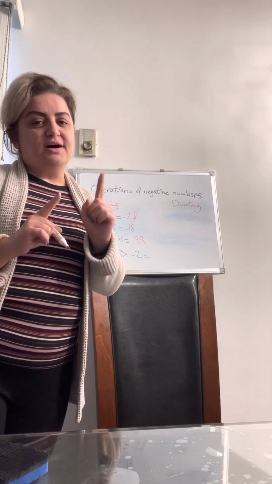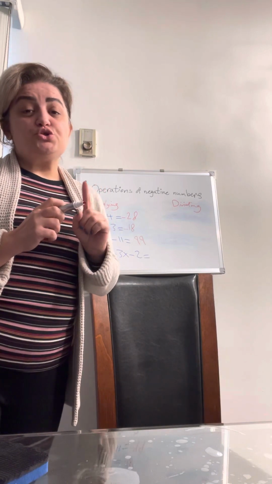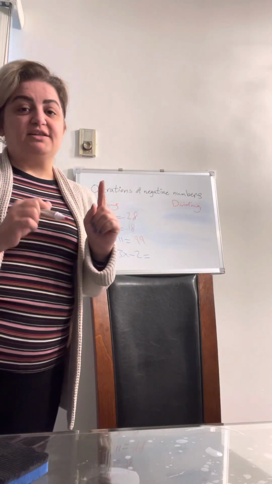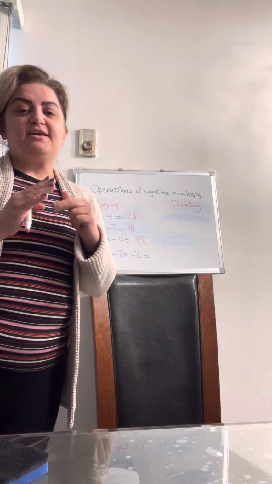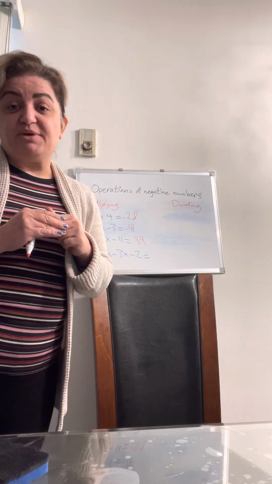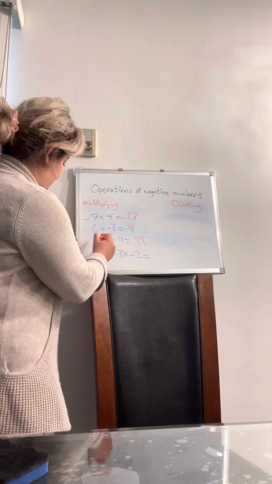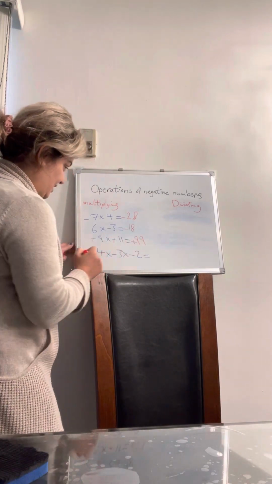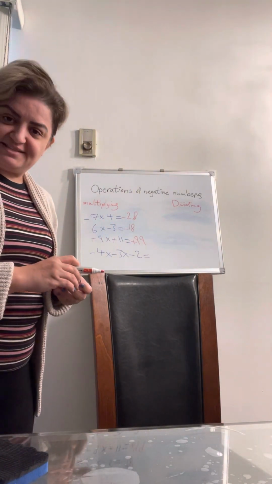When we have one negative alone it should be brought before the answer, but two negatives cancel each other and become positive. Positive 99 is our answer.